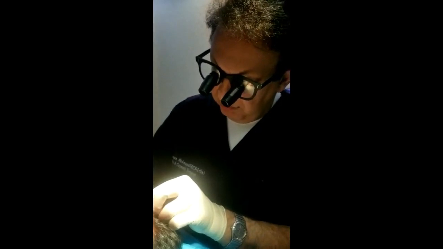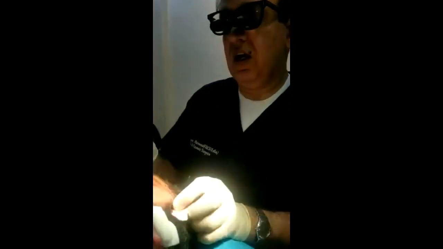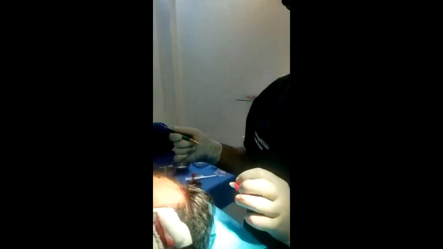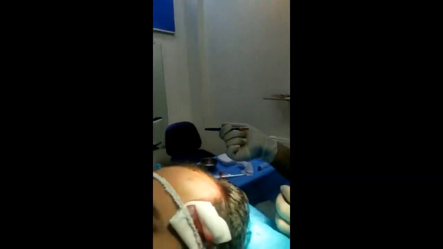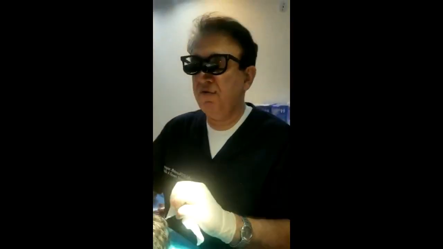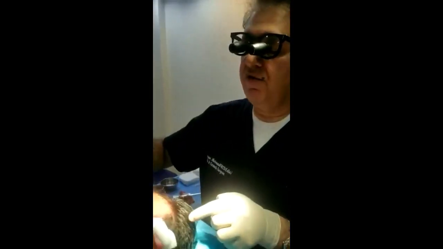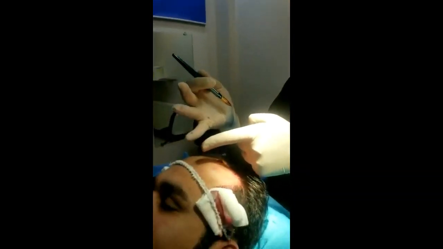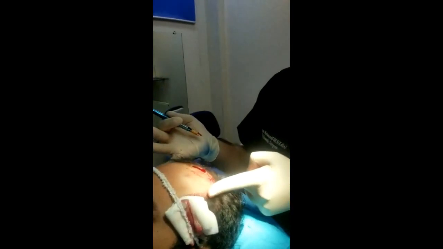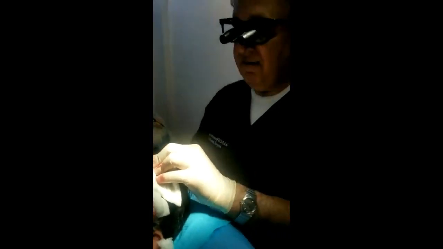I'm sure you must have seen that one of a television star had this complication. He only had 2700 grafts, so that was not a big deal. But what the surgeon failed to understand, he went too deep on the sides, in the front. So his supraorbital, superficial temporal, posterior auricular arteries, which are the main supply of arteries, were severed.